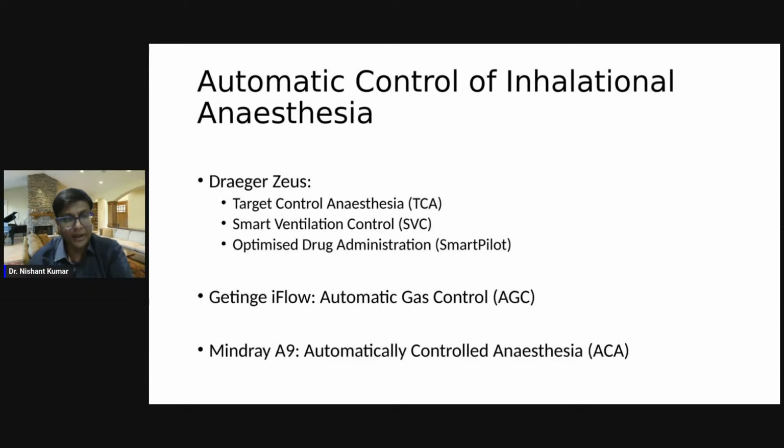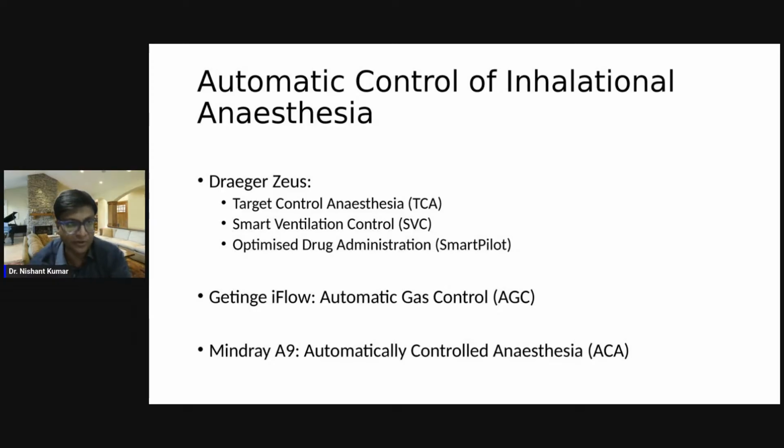So, as we all know, we provide anesthesia using inhalational agents and the total intravenous anesthesia, and automated systems have been developed for both. It is not only for total intravenous anesthesia and TCI, target control infusion anesthesia, it is for inhalational anesthesia also. As of now, I know of these three workstations.